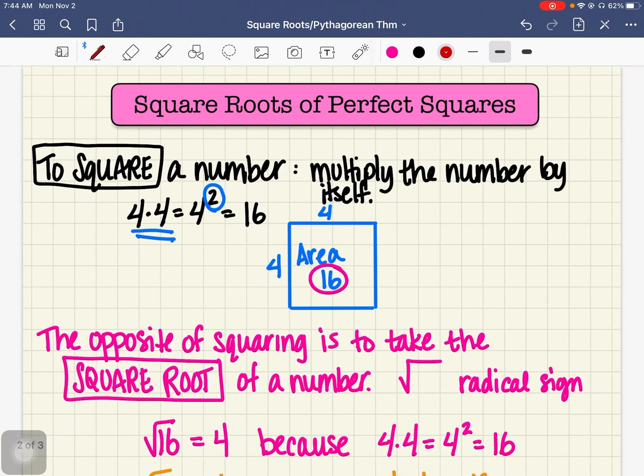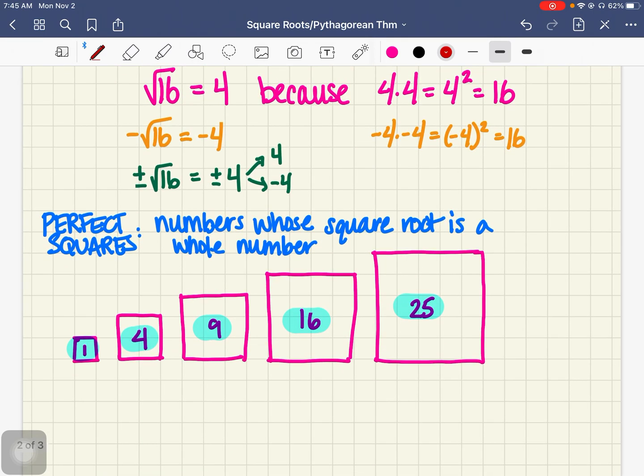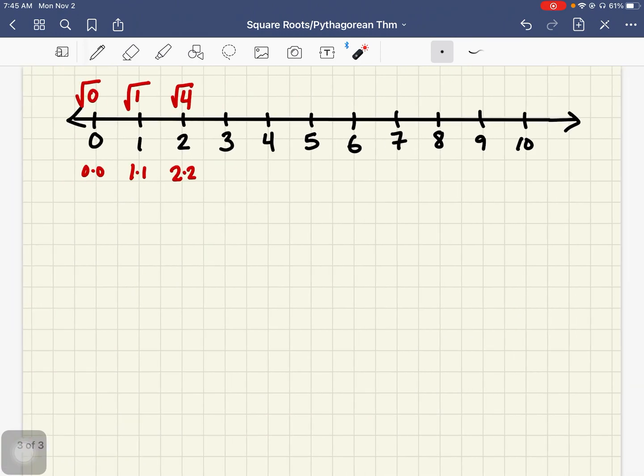And if you guys notice, these are matching up with the numbers that were areas down here. So I have 1, 4, right? 9 should be the next one, right? 3 times 3, that's 9.